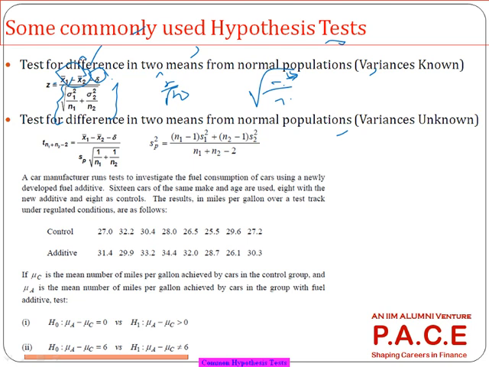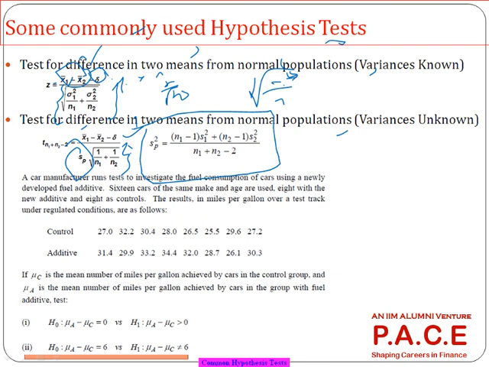And with the same logic, if the population variances are not known, the numerator still remains the same. Whereas in the denominator, instead of sigma 1 squared by n1 plus sigma 2 squared by n2, what we do is come up with what is called a pooled variance, which we call Sp squared. The pooled variance is computed by this kind of formula.